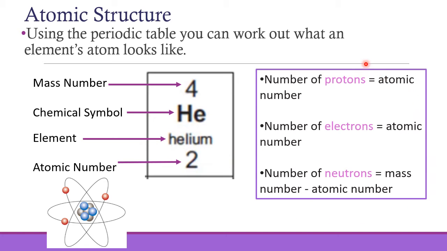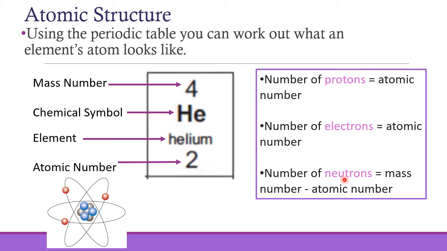The number of protons in an atom is equal to the atomic number. So the atomic number is here, and helium has 2 protons. The number of electrons is also equal to the atomic number. So there are 2 electrons in helium.